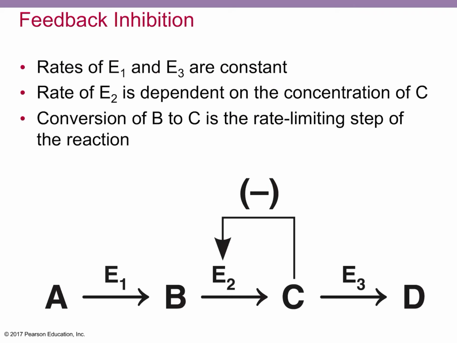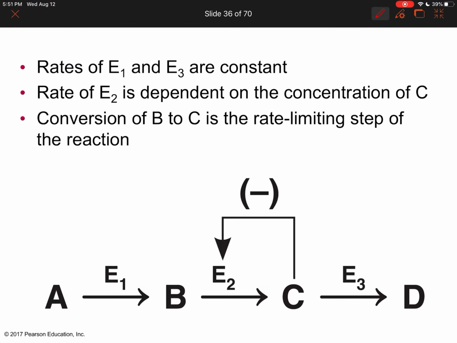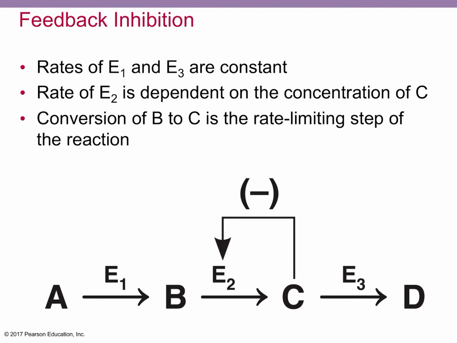Feedback inhibition is very common in metabolic pathways, and this is where you have some upstream, intermediate, or even sometimes a product feeding back to an enzyme in the middle of the pathway. So in this example, E1 and E3 are constant. They work at a constant level, but E2 is the rate; the concentration of C can influence the rate of enzyme 2.